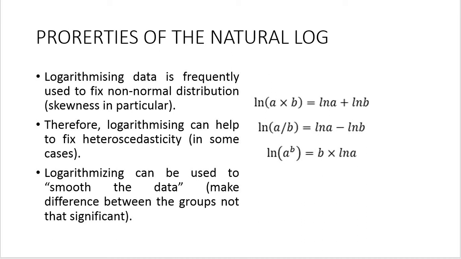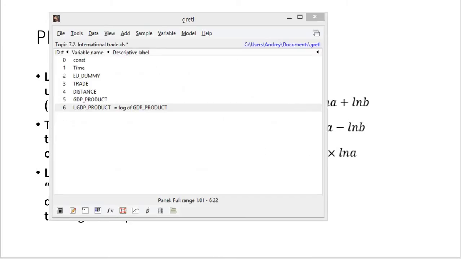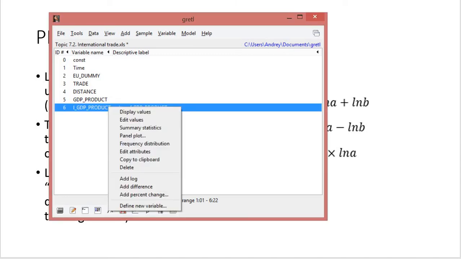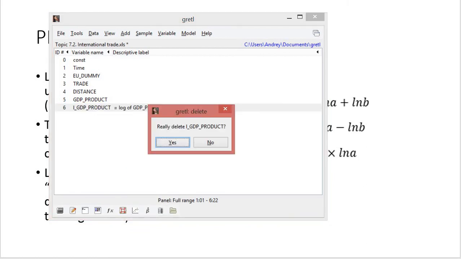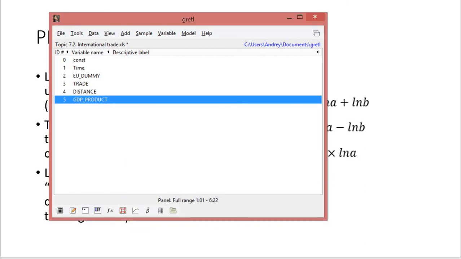So in order to illustrate what I mean, I will demonstrate how logarithmizing can help to fix non-normal distribution. For this purpose, we will use the international trade dataset attached to this lecture and Gretl. I already did it myself, but I would like to show you how you can do this step by step.